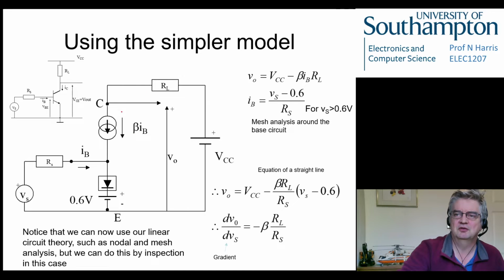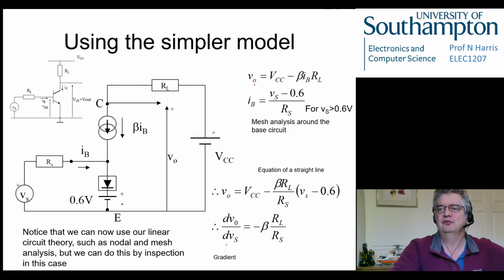That is the current going through here. So just by looking at this top bit of the circuit, we can get enough information for what we want to know about it in principle. So we've got an equation for V out, which is what we're interested in, which is defined as VCC minus beta IB times RL, which is just the voltage drop across this resistor, and take that away from here.